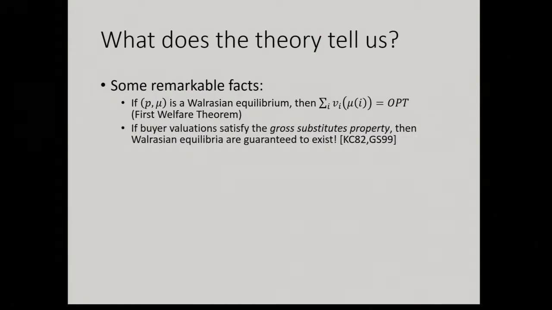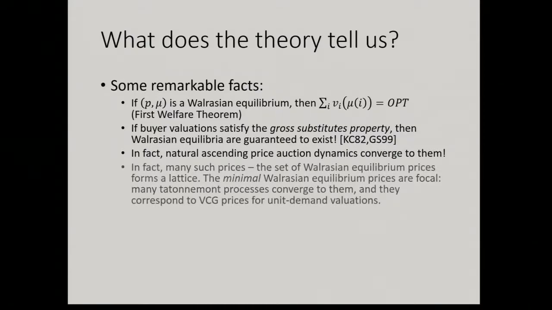And these things do exist in a relatively wide setting, at least if buyers have preferences that are in the gross substitutes class. And they're not hard to find. There are natural ascending price auction dynamics like Kelso-Crawford that converge to them. In fact, there are many such prices, but they form a lattice.